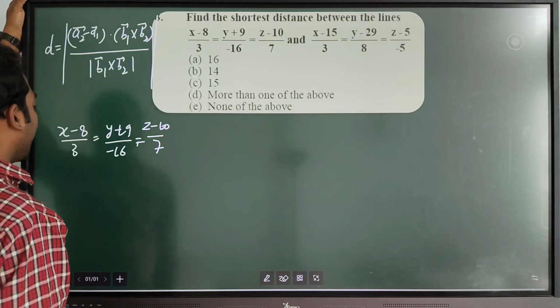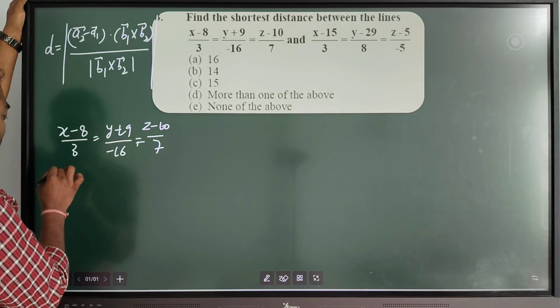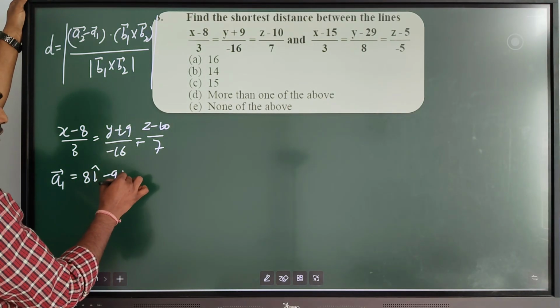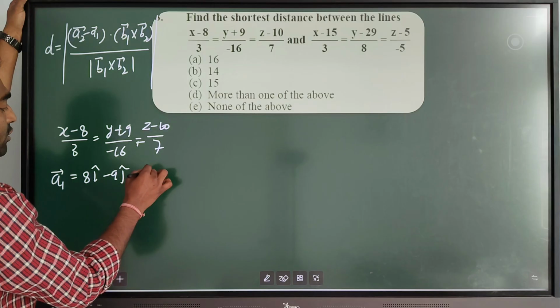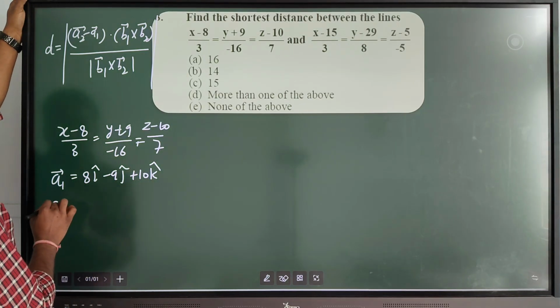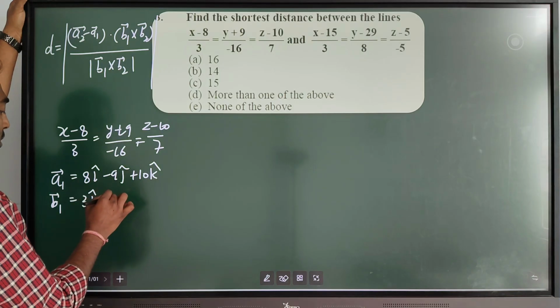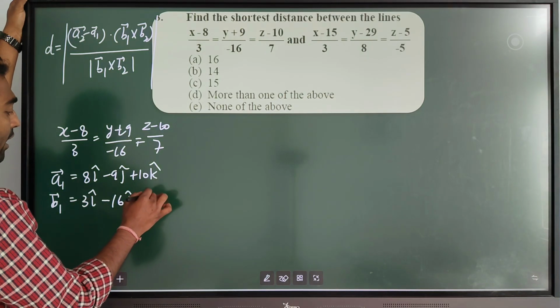Okay, so here vector A1 is 8i minus 9j plus 10k. And vector B1 is 3i minus 16j plus 7k.